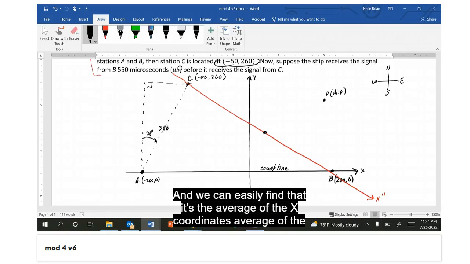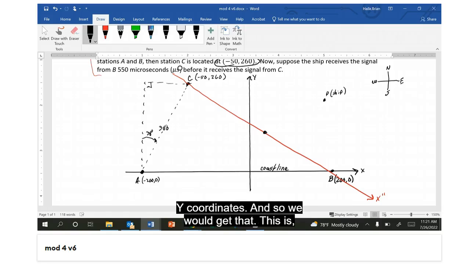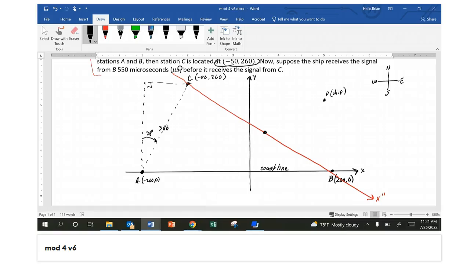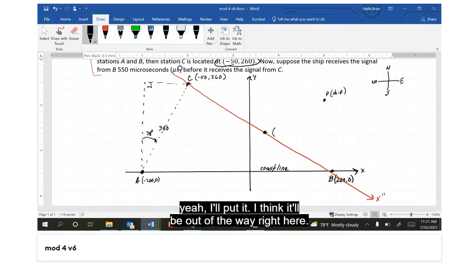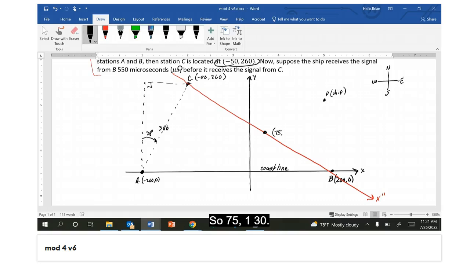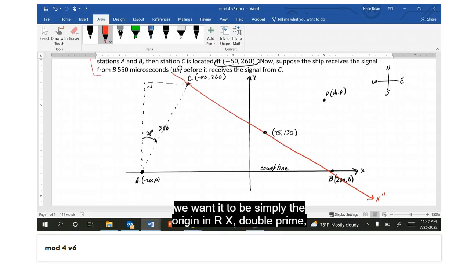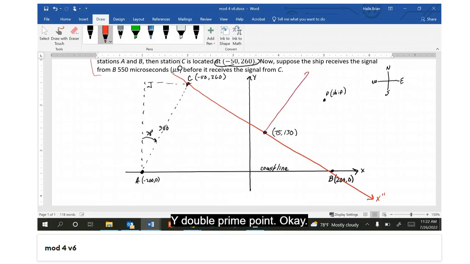We can easily find that: it's the average of the x coordinates and the average of the y coordinates, so we would get 75, 130. Now that's a reference in the XY plane. Certainly this point we want to be simply the origin in our x double prime, y double prime plane.